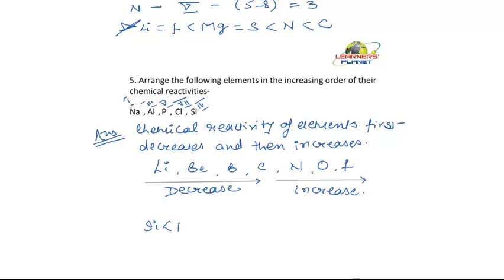Then would be your phosphorus. Then will come your aluminium. Then comes what? It is increasing, right? So then comes your sodium and the reactivity is equal to the chlorine.